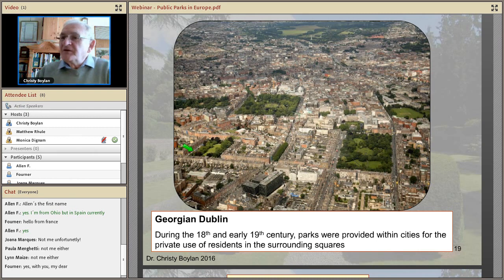Now, this one here is a public park, but it was originally for a festival. This one here is St. Stephen's Green. It's one of Dublin's oldest parks. It goes back to 1663, and it's about 20 acres in size. And this one here is an old park as well, but its period comes from the 1800s.